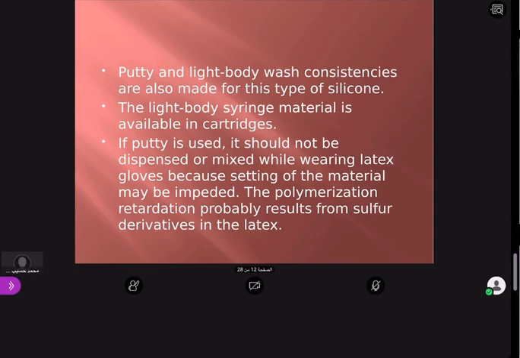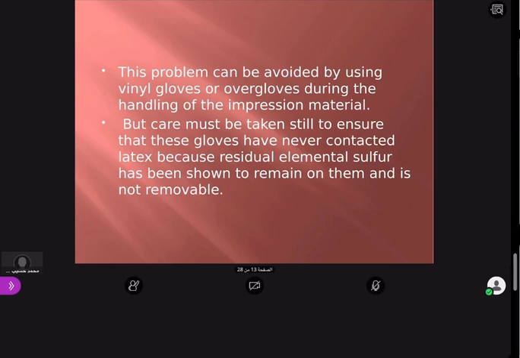The polymerization reaction probably results from sulfur derivatives in the latex. This problem can be avoided by using vinyl gloves or over gloves during handling of the impression material. But care must still be taken to ensure that these gloves have never contacted latex, because residual elemental sulfur has been shown to remain and is not removable.